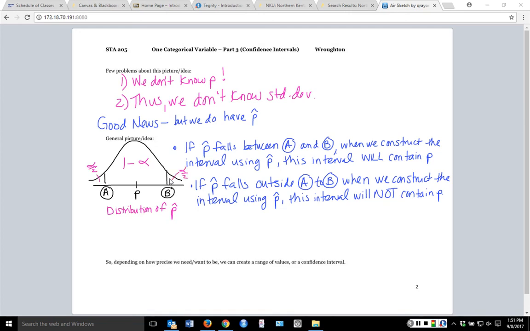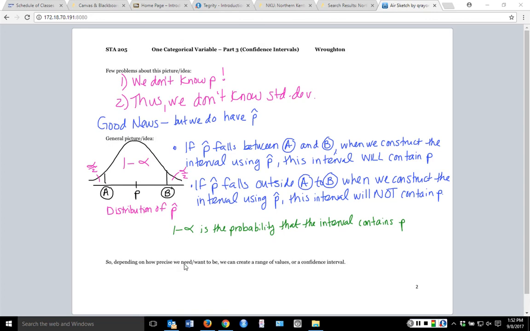And how would I actually use this? Why am I even giving you this? Well, 1 minus alpha is actually the probability that the interval contains P. So whatever percentage I decide to put in the middle is the probability that my interval will contain P. So as you can probably guess, we want this to generally be a pretty large number because I want to have a large probability that my interval contains P. So that's our goal.